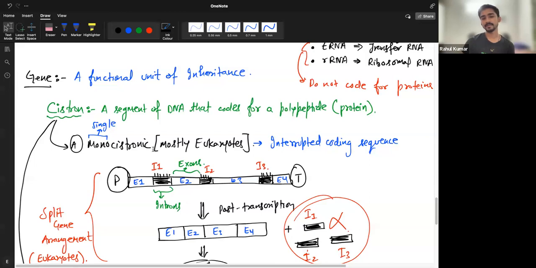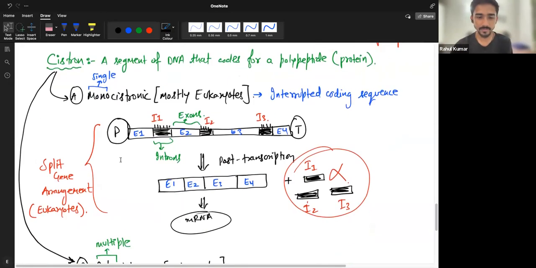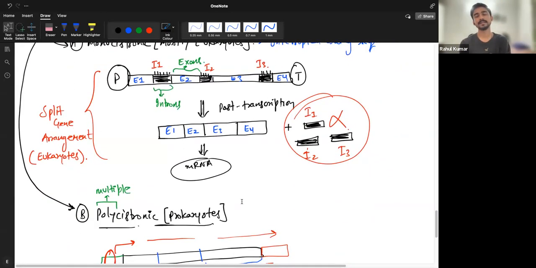Okay, and the monocistronic system is only present in organisms whose genomes are very, very huge, and there is no problem of space, like eukaryotes. Prokaryotes have a problem of space. Mostly they have just one single DNA or one single chromosome, so they have to fit everything inside it.